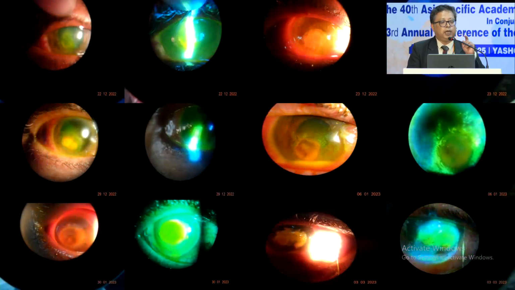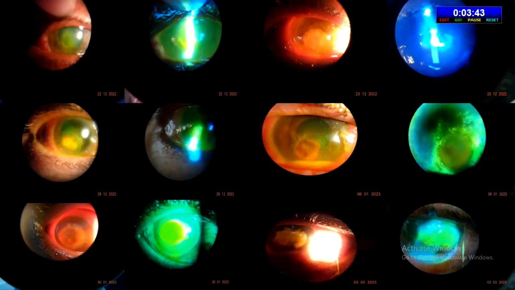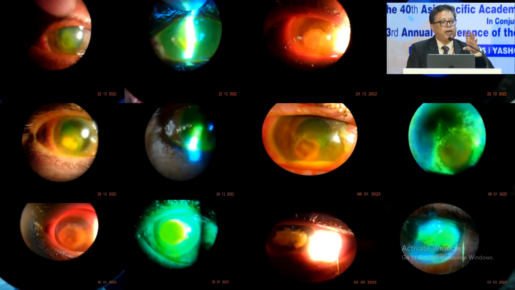These are the clinical pictures. These are the eyes that came to the cornea department, but I collaborated with them, and see, these are all in my cameras, documented with a solution fluorescein stain. When you use a strip, you do not get the depth.